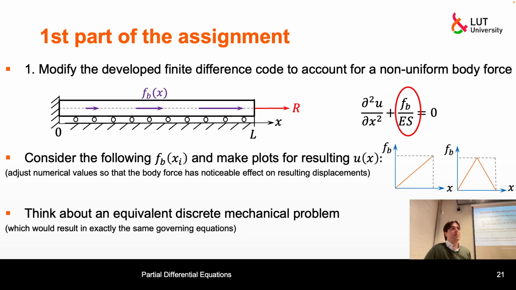So there might be some physical idea behind that. For instance, consider that this is a one-dimensional problem, but imagine that this bar is in fact rotating about this vertical axis in the center, at the origin of coordinates, and there is inertia force acting along the bar.